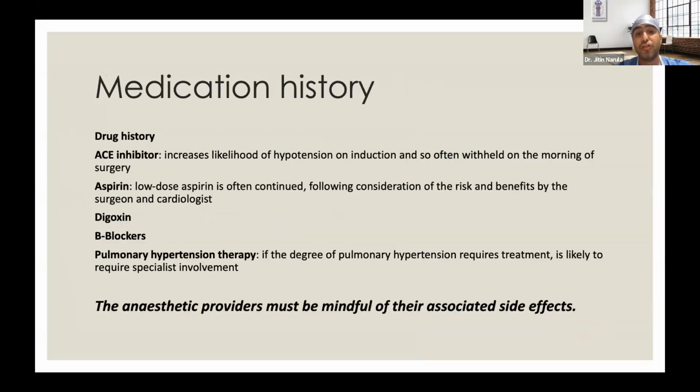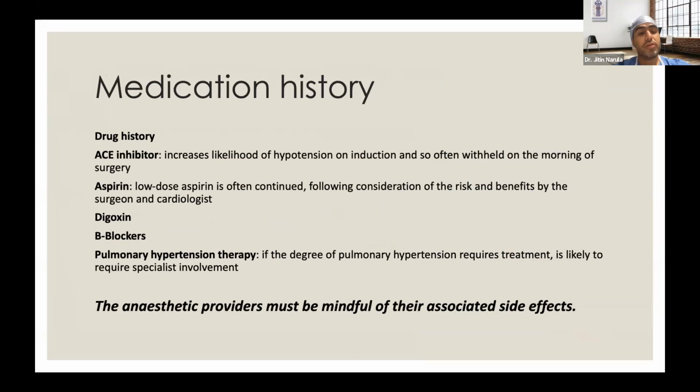Medication history in these patients is very important because they may be on multiple drugs for heart failure and for rhythm abnormalities. They may be on ACE inhibitors, which increase the likelihood of hypotension on induction. So in quite a few situations, for major surgeries, it is better to withhold them on the morning of surgery to avoid volume shifts.